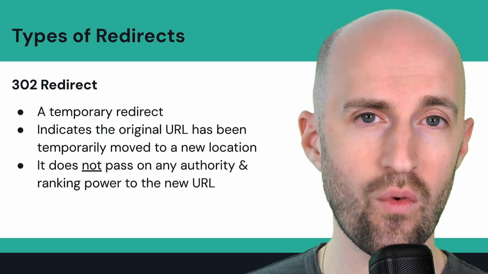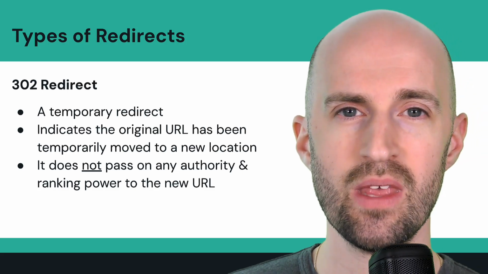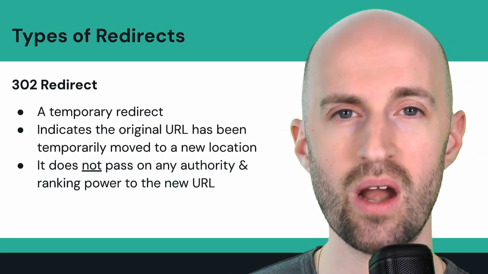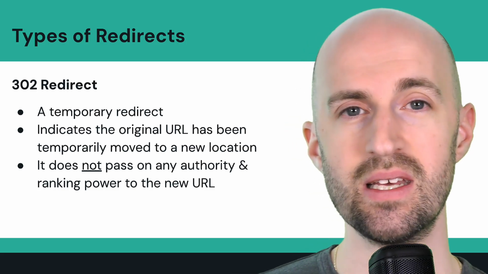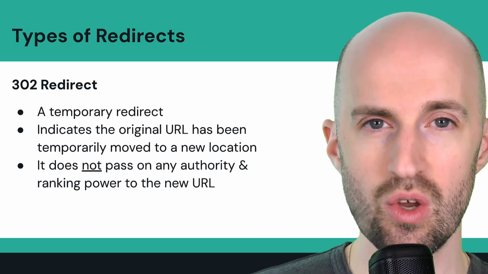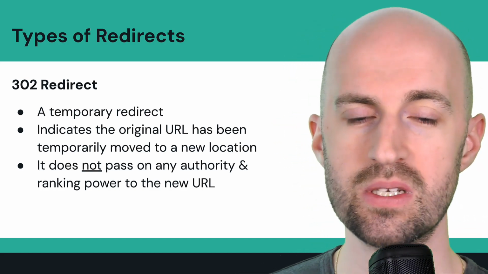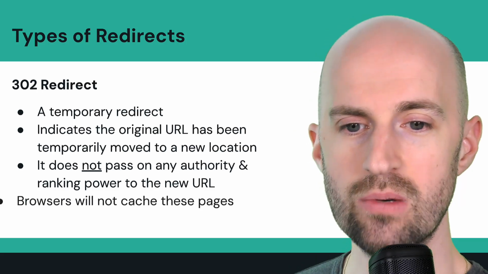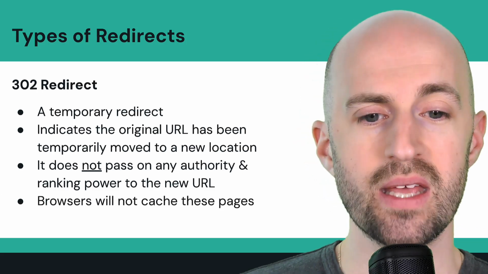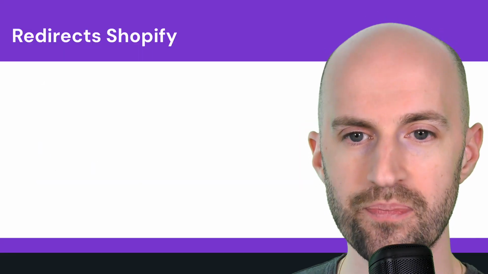You can use them, for example, if you have an offer page that's only online temporarily. You can redirect it to another page, and then when the offer page comes back, you remove the redirect. So it's good for purposes like that, but not for SEO. Browsers will not cache these because they're temporary and might return soon.